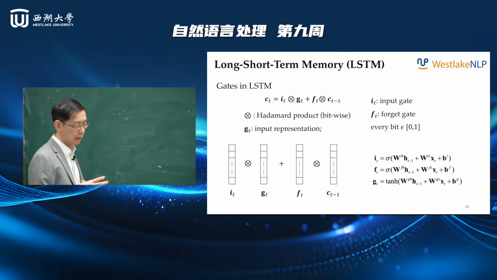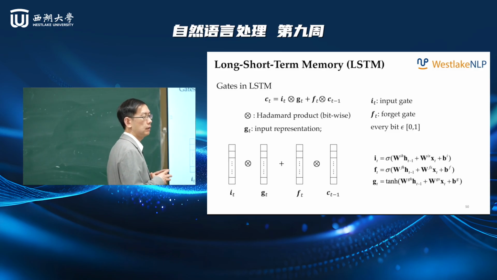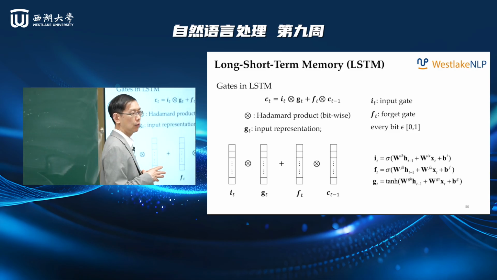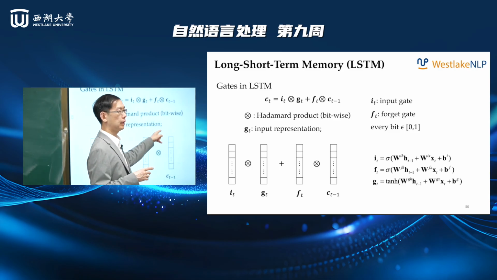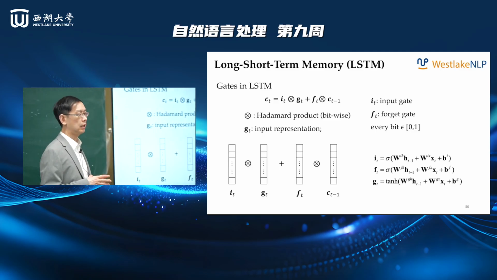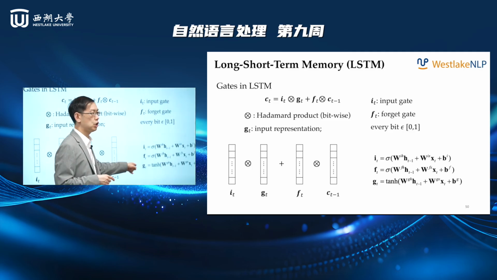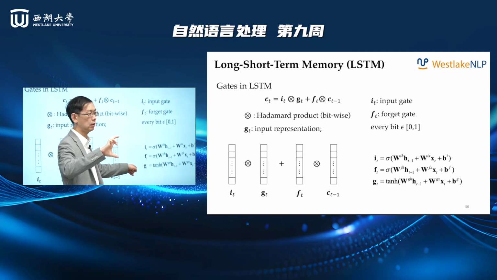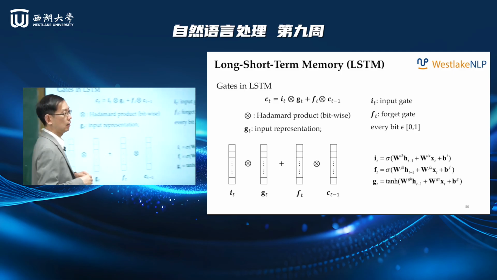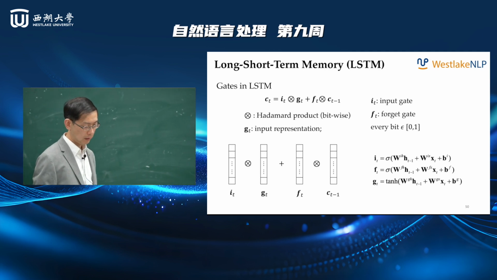And the two gates, input and forget, okay, are a composition of your previous hidden state and the current input through a sigmoid activation function, as I talked to you earlier, right? And that makes sure that g, the input representation, ranges between -1 and 1, and those gates are positive values, okay, below 1.